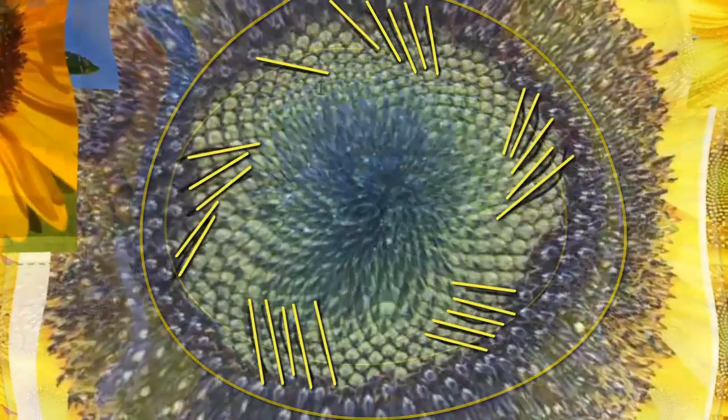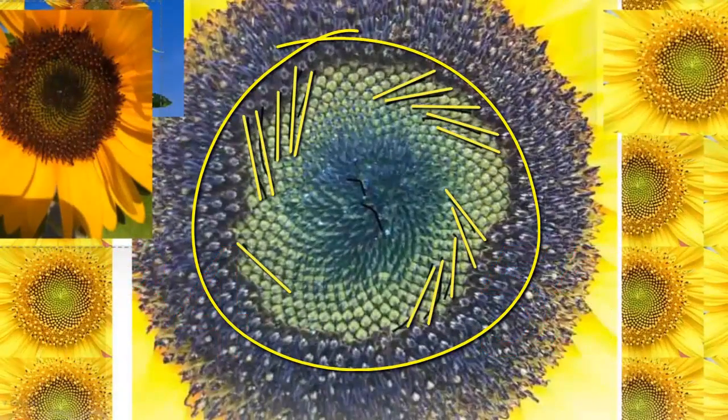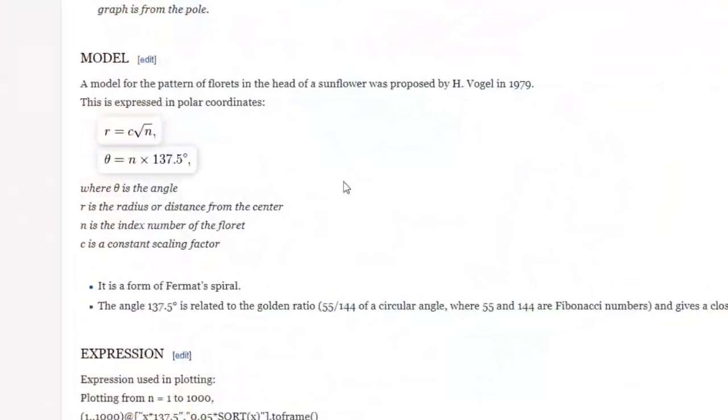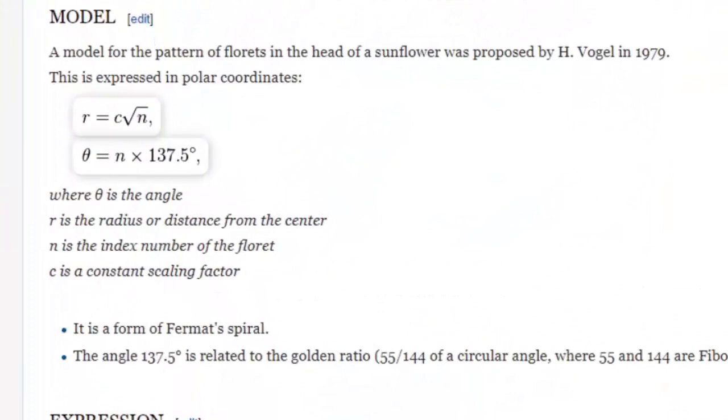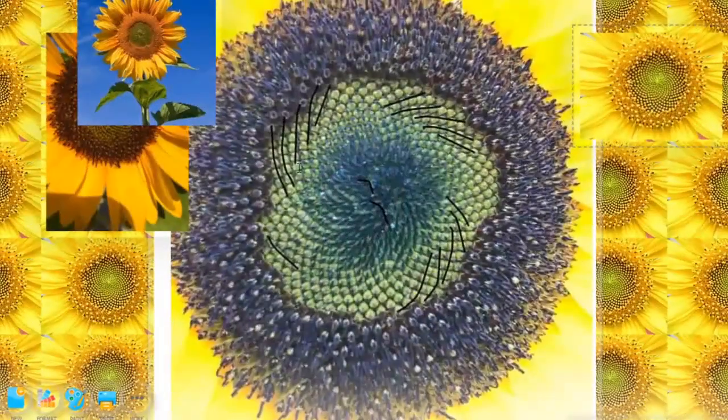So this gives you the pair of 34 in one direction and 55 in the other direction. This is how the florets of the sunflower are arranged. Now, when we use this equation, as you can see here, the florets show the same pattern as what you're seeing in this particular picture.